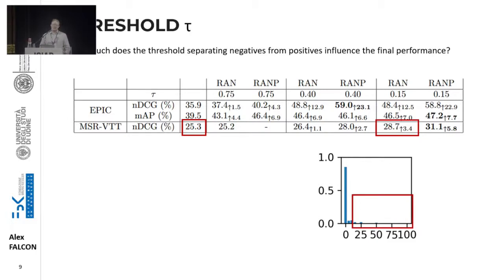Nonetheless, if we use a low value for the threshold, and so we identify at least a few captions which can be removed from the pool of the negatives, we observe improvements of up to 3% with RAN, with the first technique, and almost 6% improvement with the second technique.